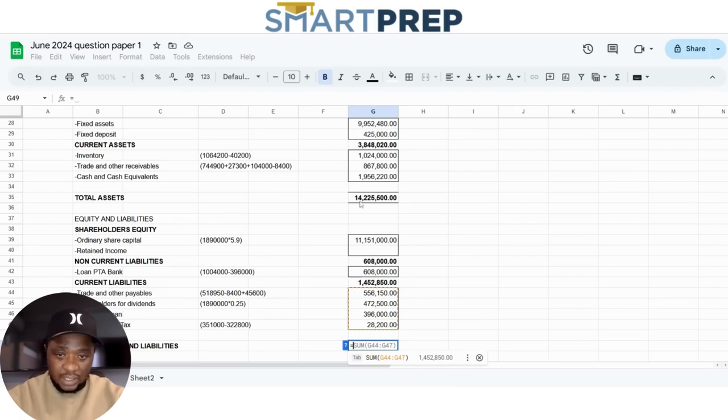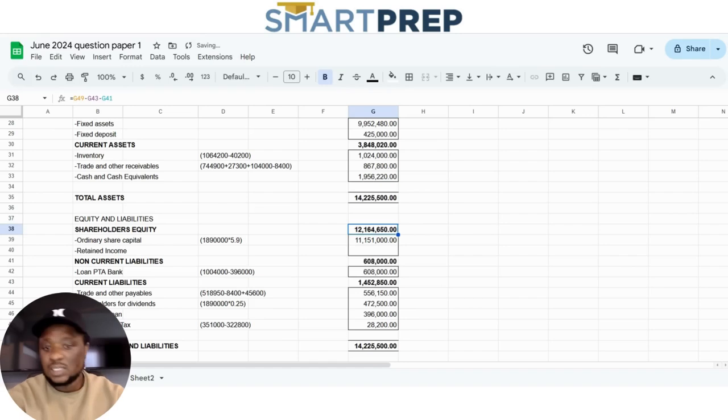We're going to take that balance of total assets and put it as our total equity and liabilities. And then from this balance, we're going to subtract the 1,452,850, subtract the 608,000, so that it can give us a total of our shareholders' equity. So there we go. We're going to say 14 million minus the 1.4 million, and then minus the 608,000.